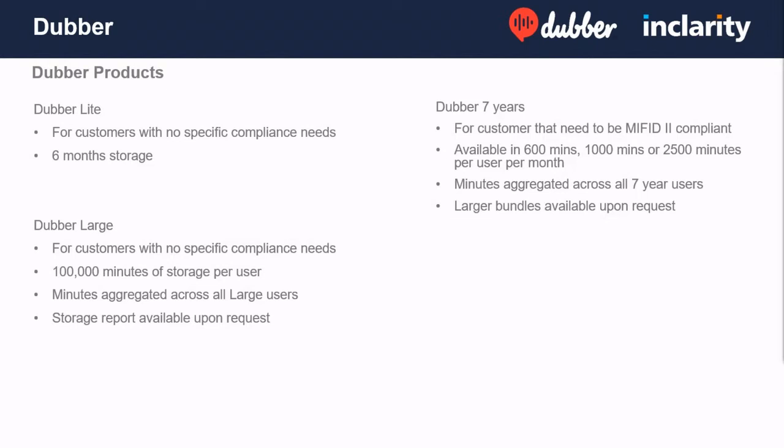These minutes are aggregated across all Dubber 7-year users, and larger bundles are available upon request. It's strongly recommended that if you're moving a customer onto the 7-year option, a review of their current usage is performed to make sure that we are putting them on the correct tariff.